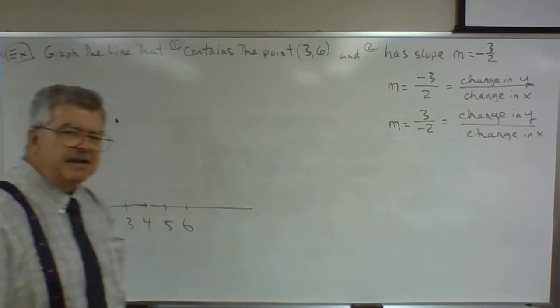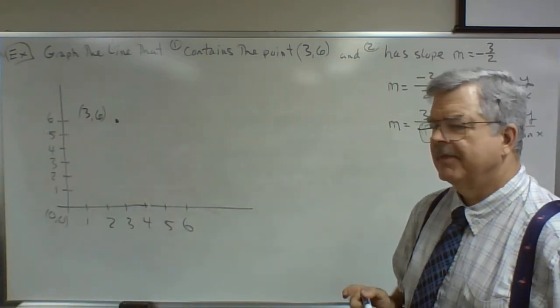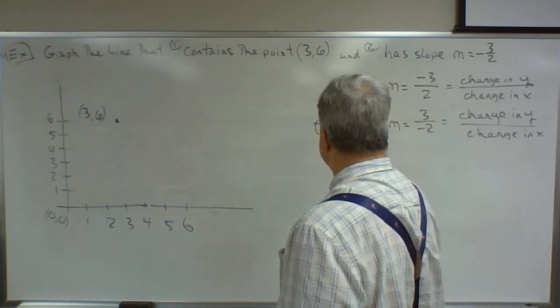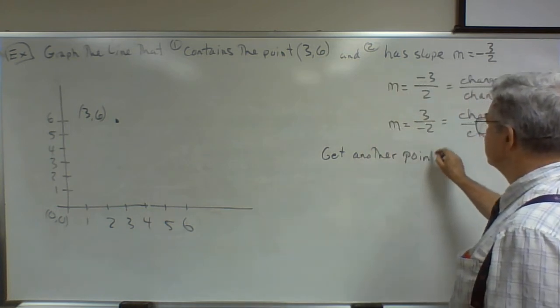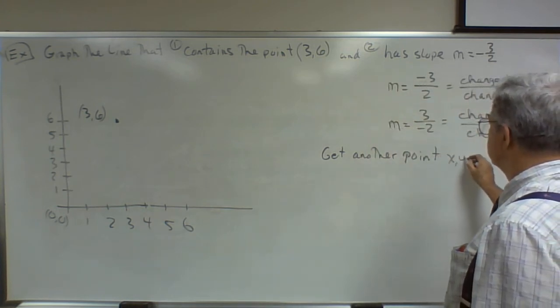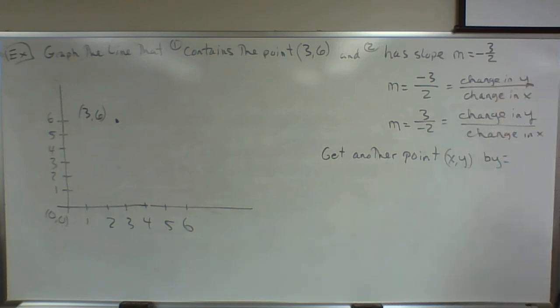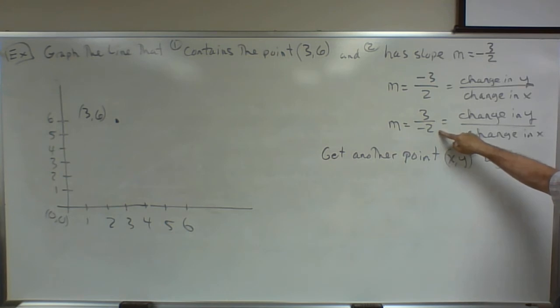And now we need to get another point (x, y). I can either choose this criterion or this criterion.